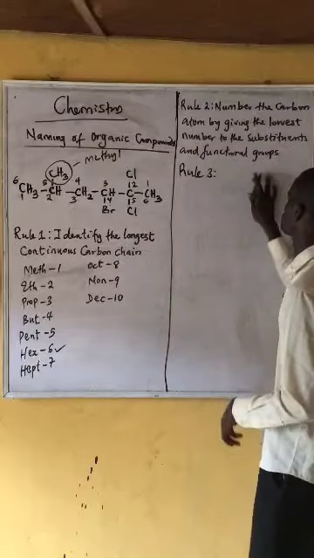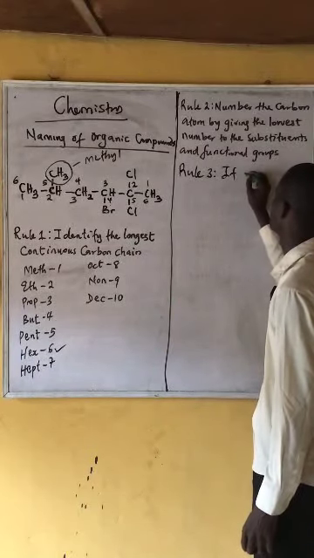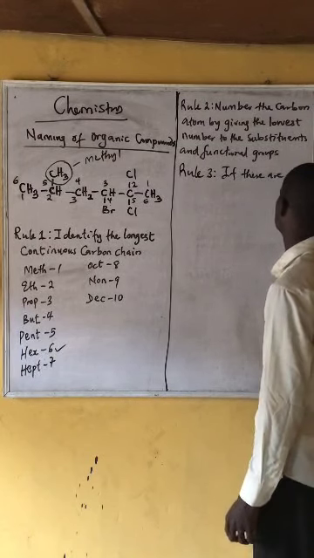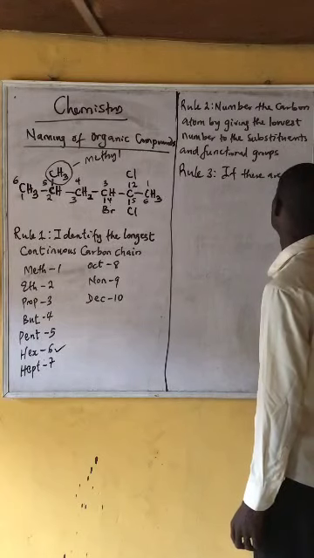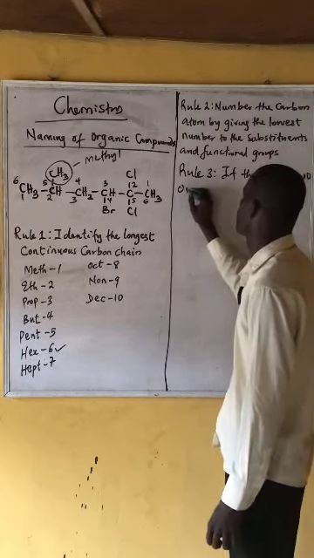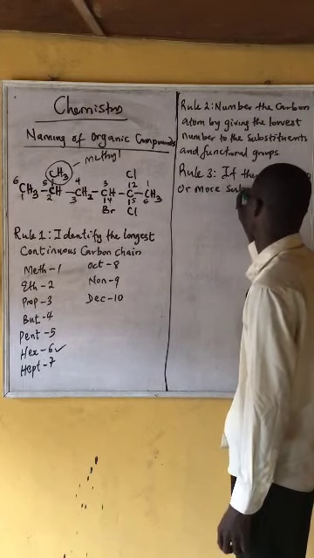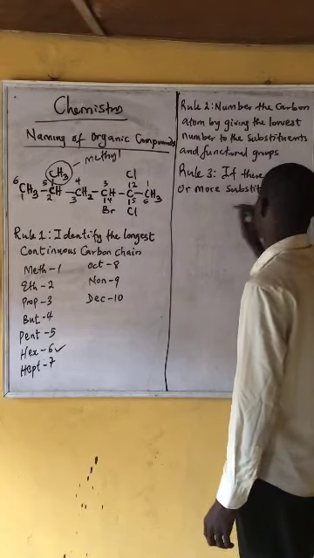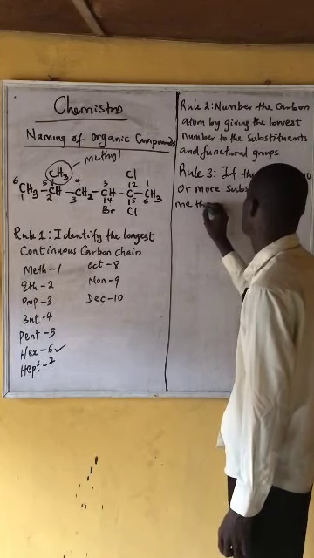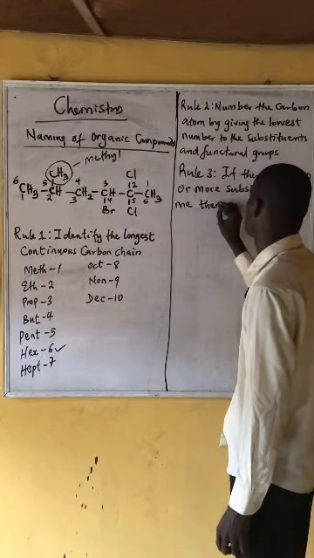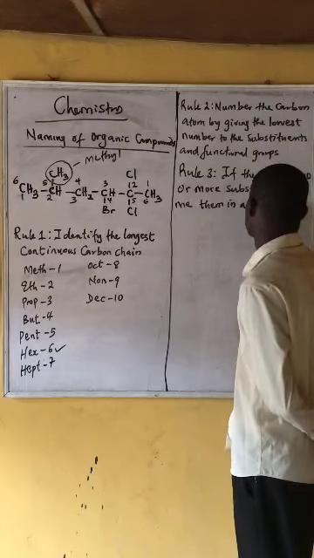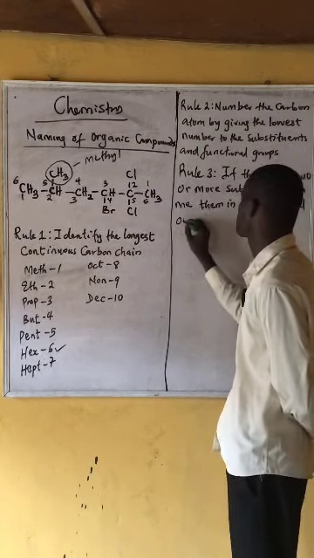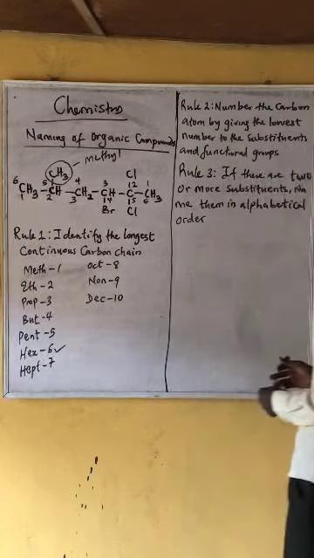Rule number 3 says that if there are 2 or more substituents or functional groups, name them in alphabetical order. If there are two or more substituents, you have to name them in alphabetical order.